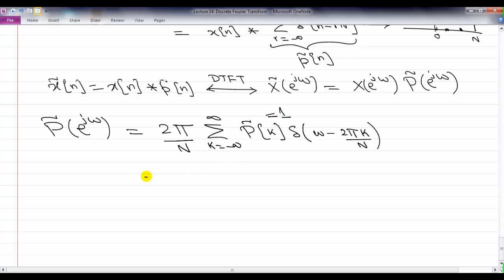Okay. So that will be equal to 2 pi over N times the summation over k from minus infinity to infinity of delta of omega minus 2 pi k over N.